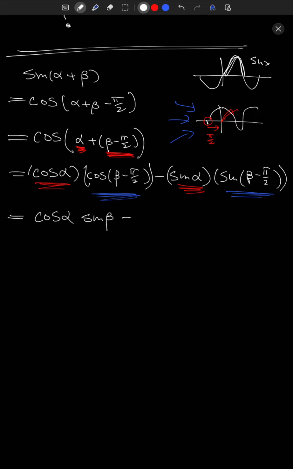All right, the sine of alpha stays the same, and this second kind of ugly term, sine of beta minus pi over 2, well, what is that? That's the sine function, except you're replacing the input beta by beta minus pi over 2, which means you're shifting the sine function to the right by pi over 2.